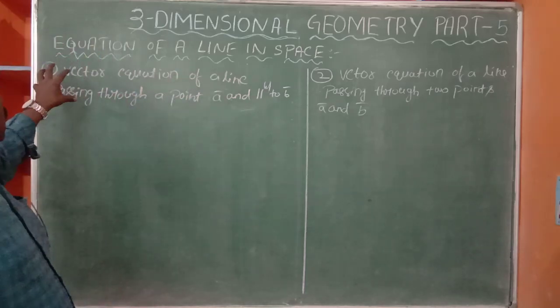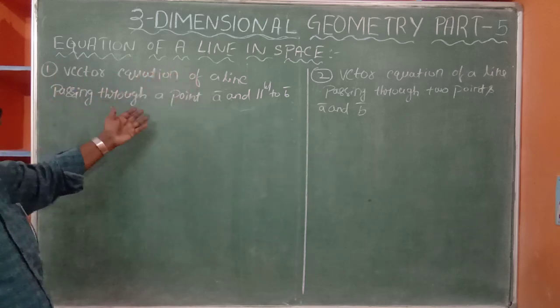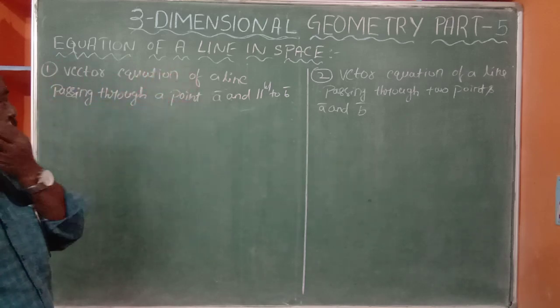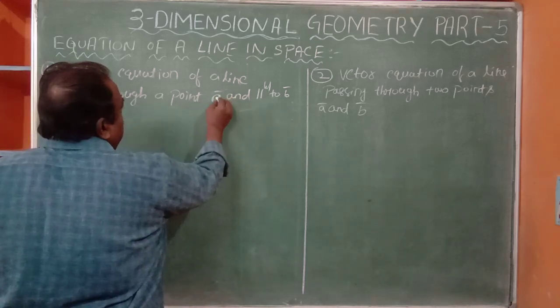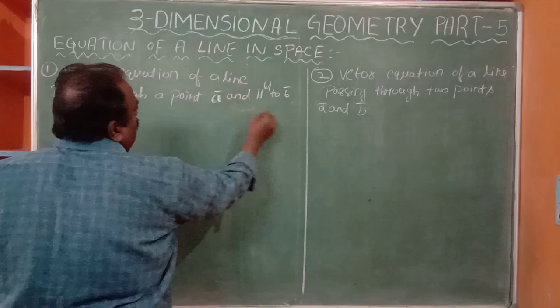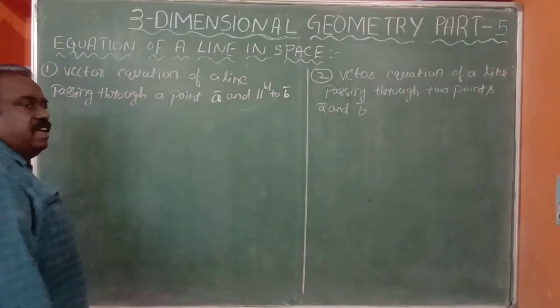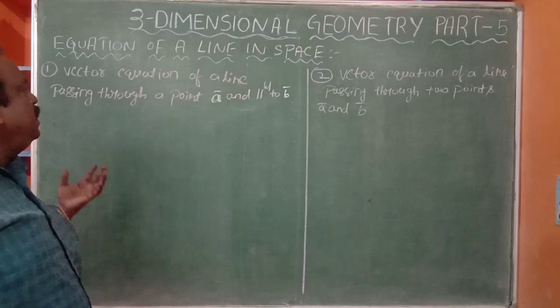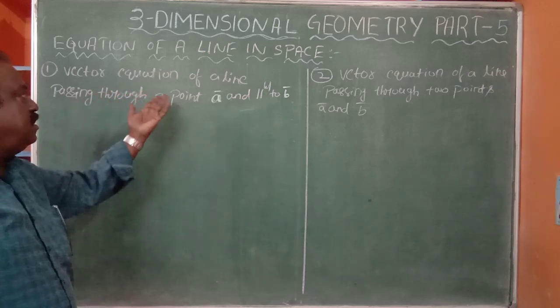Now, the very first one, the equation of a line passing through a point A bar and parallel to B bar. We may feel that it is meaningless. You are telling that, sir, A bar is a point.